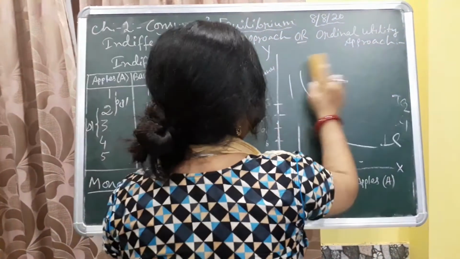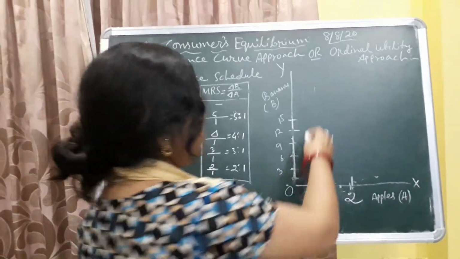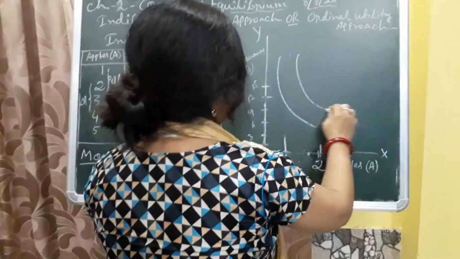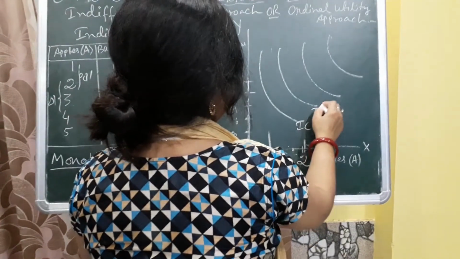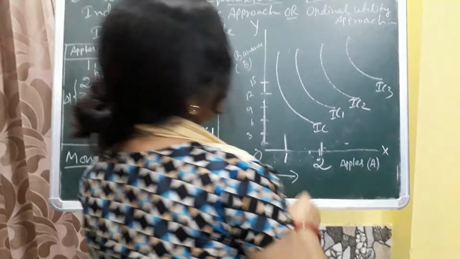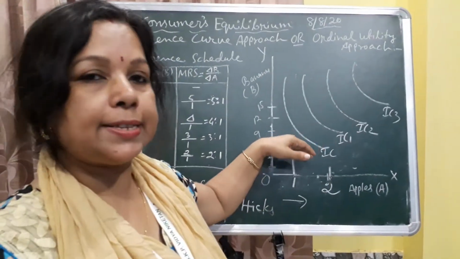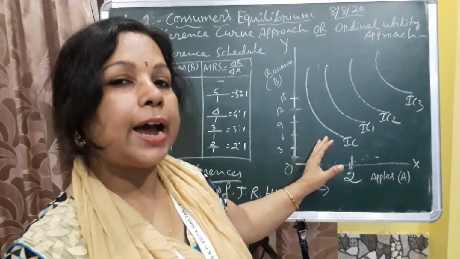Now next, I have drawn 4 IC curves. So together the 4 IC curves are called an IC map.